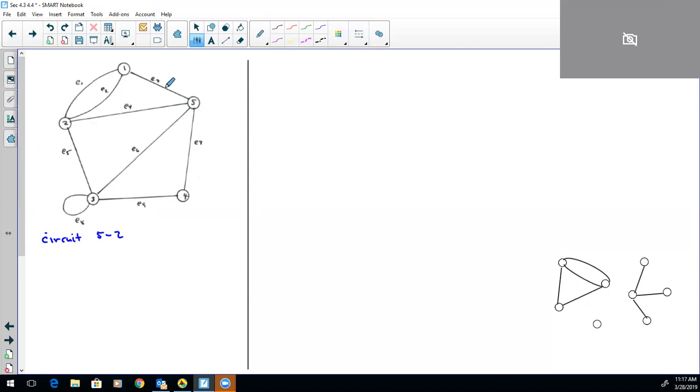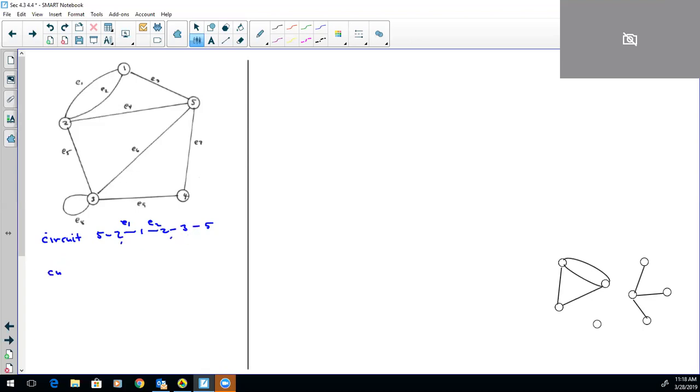So I won't put E4 down there because there's only one edge there. But vertex 5, edge, vertex 2. Then we're going to go to 1 by E1. Then we're going to go back to 2 by E2. Then we go to 3 and 2, 5. That's a circuit, but it's not a cycle because I'm in vertex 2 twice.